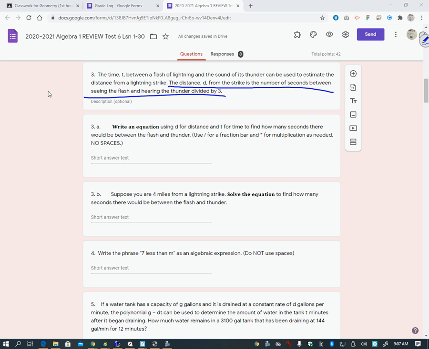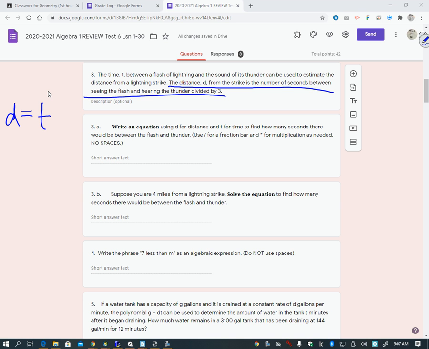So what I want you to understand is that this is telling you how to write the equation. That sentence right there tells you what equation to write. The distance d, what is the word is in math? Equals. So d equals, the distance d from the strike is the number of seconds. All right, seconds is what?